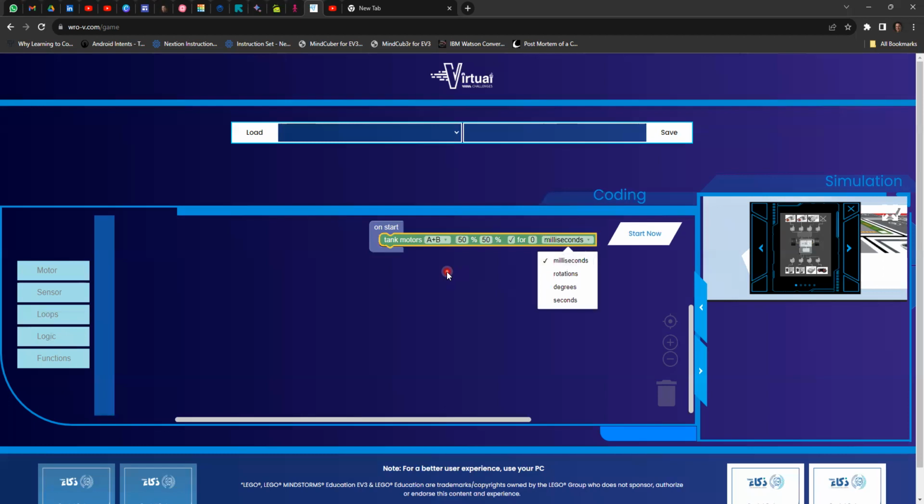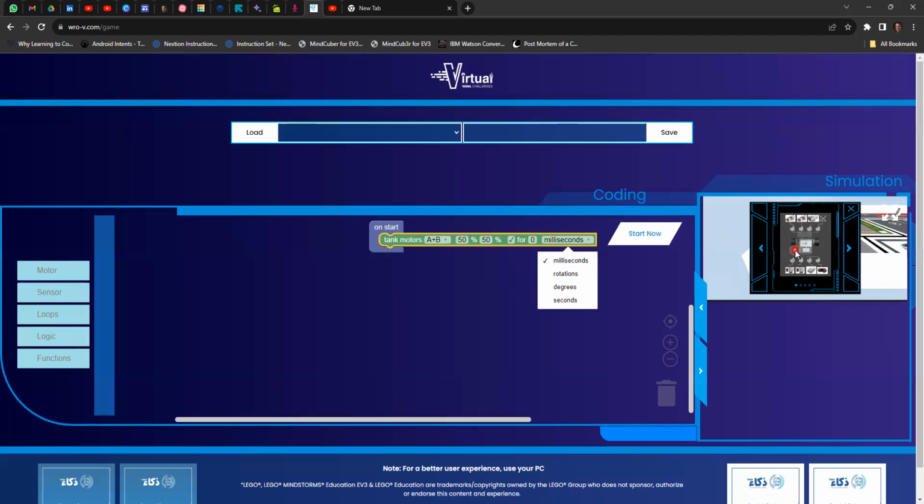Seconds, because sometimes if the robot is not able to achieve the number of rotations, you'll get stalling. Stalling means that the robot will stop and it will also stop executing any other code. It gets stuck.